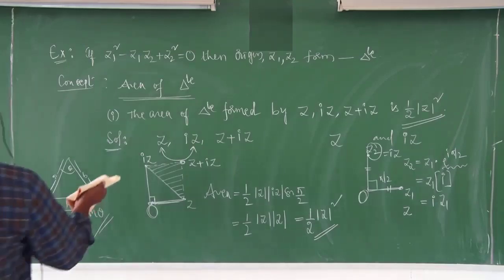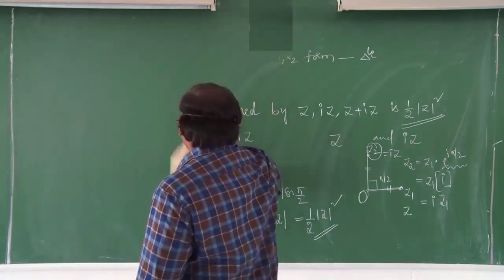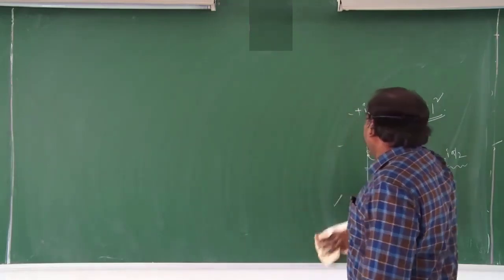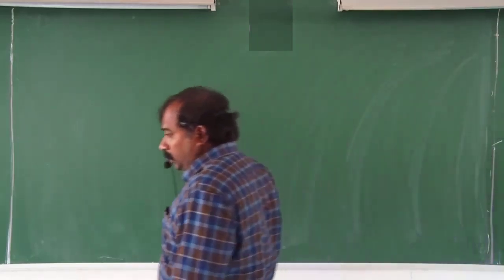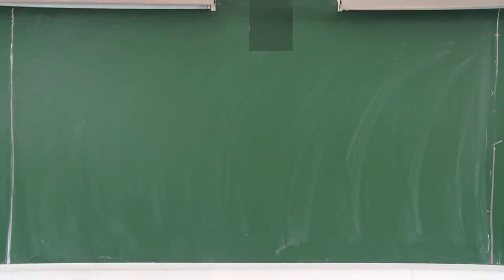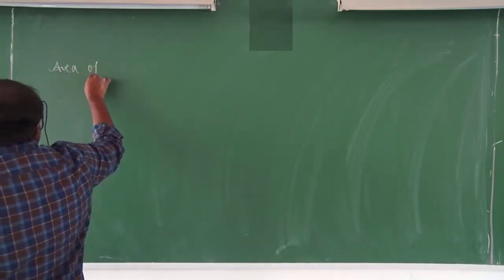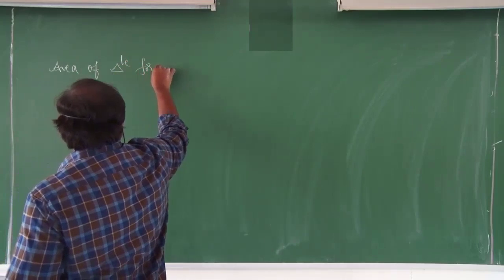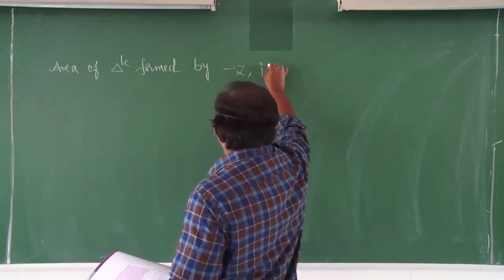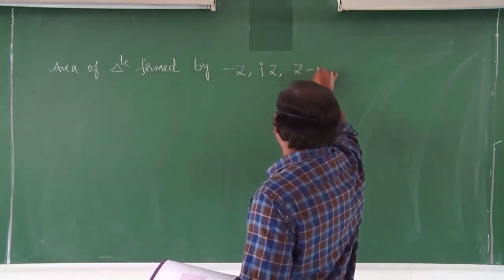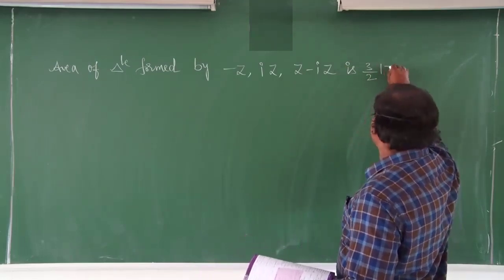Next, one more point. The area of the triangle formed by minus Z, IZ, Z minus IZ is 3 by 2 into mod Z square.